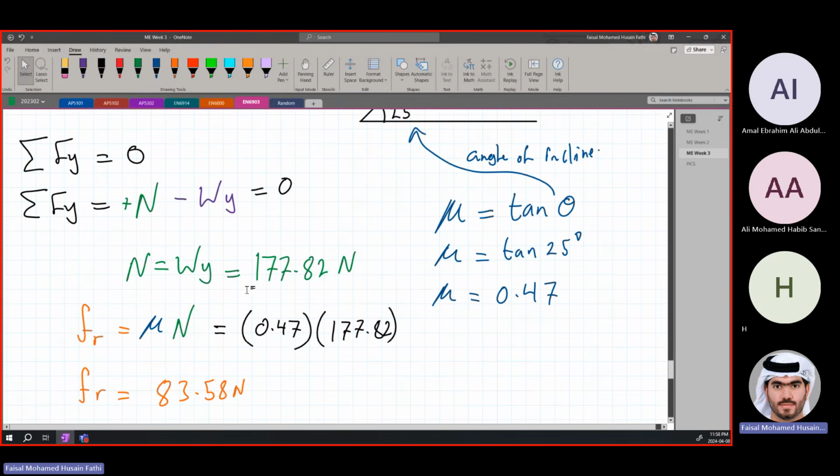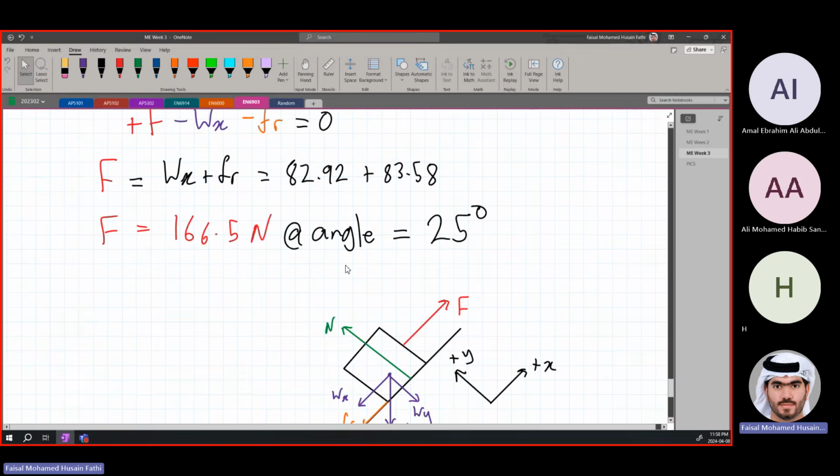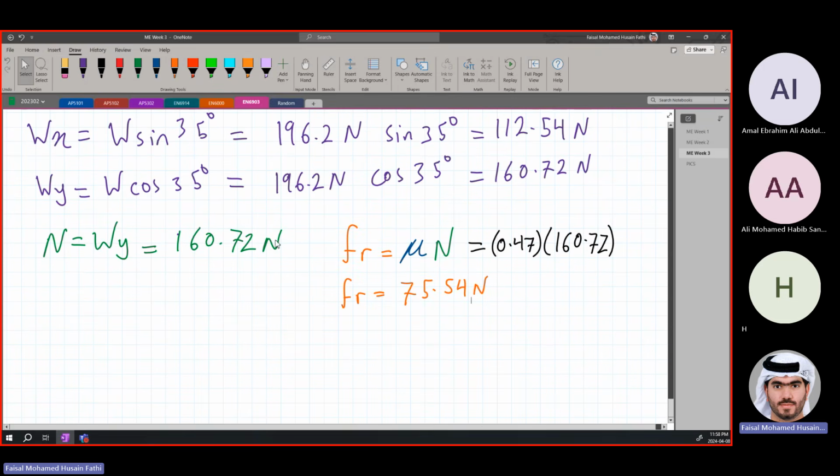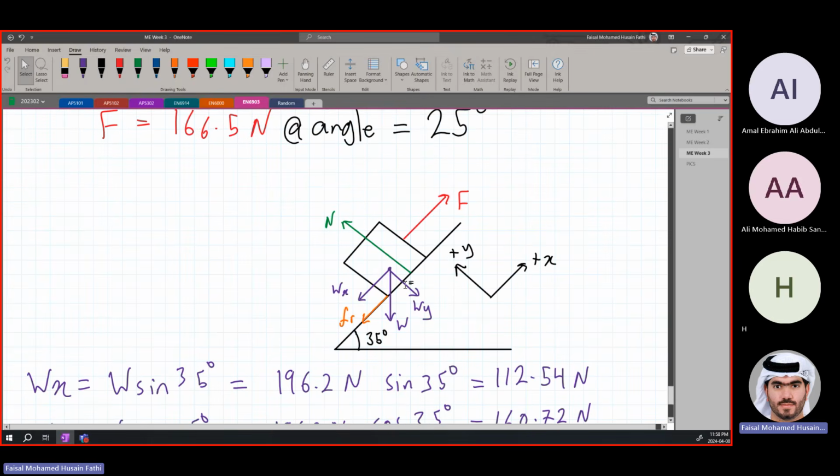Notice one thing though. Here the normal force was 177.82, and here the normal force is less. That means your friction force is also less. Why? Because there is more weight being applied in the x direction. You're increasing the angle now, so there is already weight that is causing you to have an extra force. So the amount of friction is going to be reduced because in the same direction you have the weight of the object that's pulling it down.